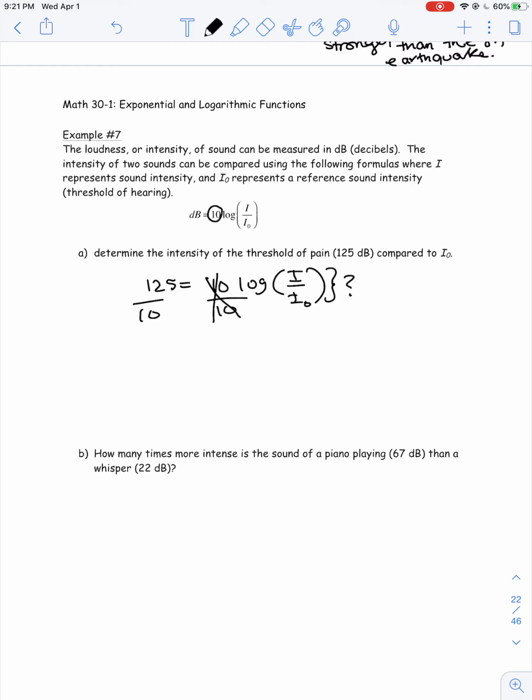So 125 divided by 10 is 12.5, and that's equal to log of I over I0. Now to get this by itself, you're going to have to change it into exponential form. It's always the base to the power of your answer, which is 12.5, and that's equal to I over I0. If you put 10 to the power of 12.5 in your calculator, you get this big number. That is the intensity. Okay, so this is our answer.